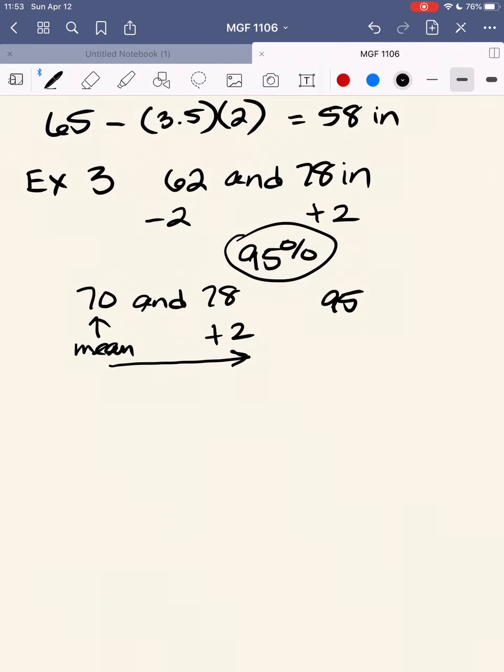So 2 standard deviations above is 95%. Go ahead and divide that by 2 because I'm only using half my data. I'm not using the stuff that goes this direction. And when I do this, I get 47.5%.